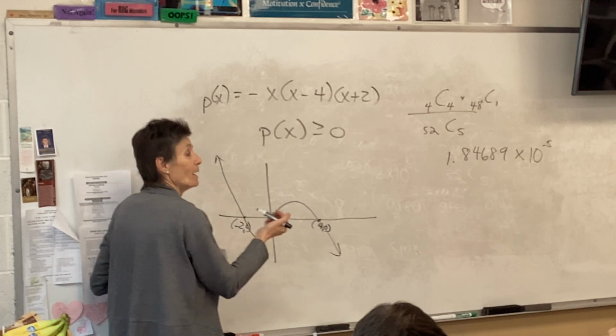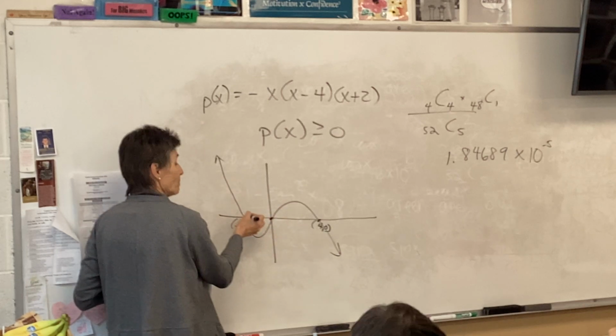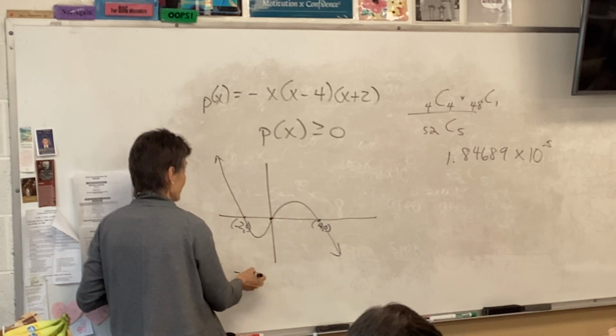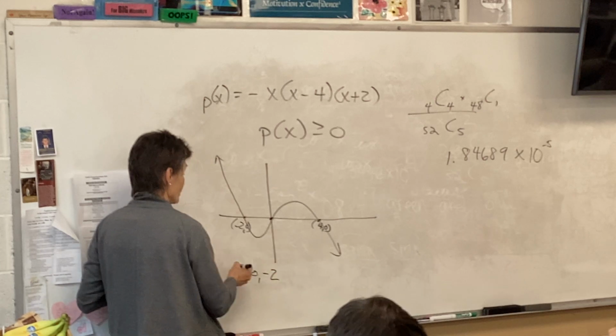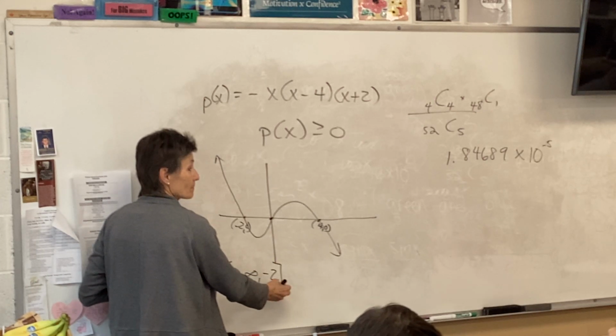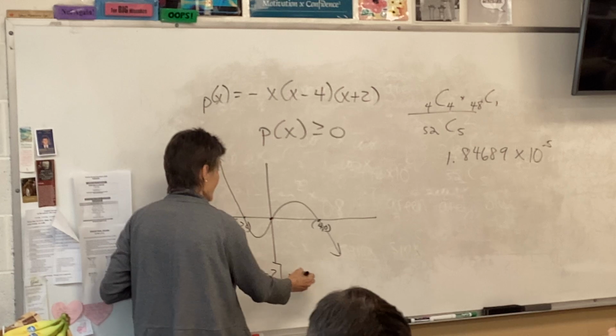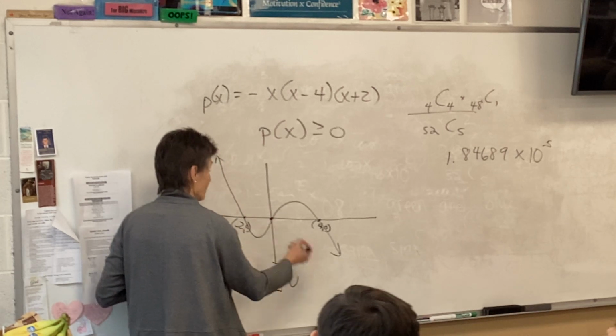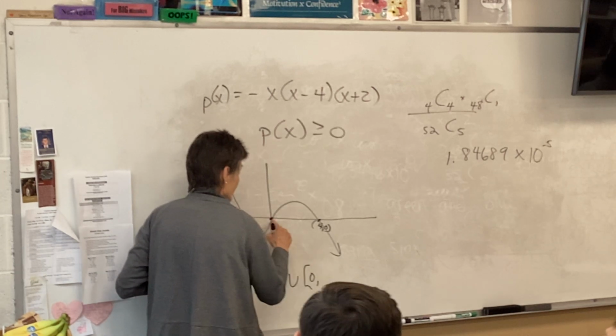So where am I above the x-axis? I'm above the x-axis from negative infinity to -2. Would you agree with that? And then I'm above the x-axis again from 0 to 4.